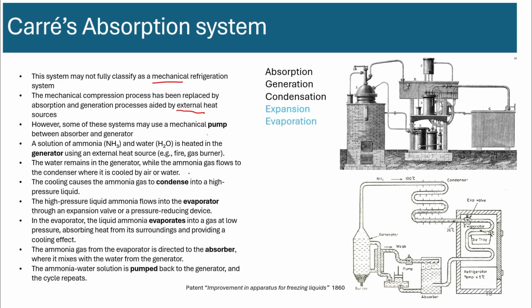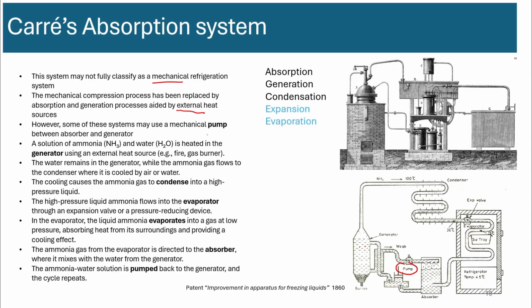So instead of using mechanical sources like hydropower, you can use a furnace or a gas burner to create the refrigeration effect. Some of these systems may still use a mechanical pump, which you can see here, to bring the fluid back to the generator.